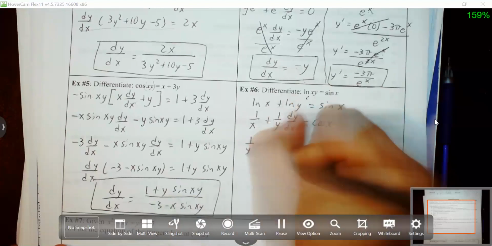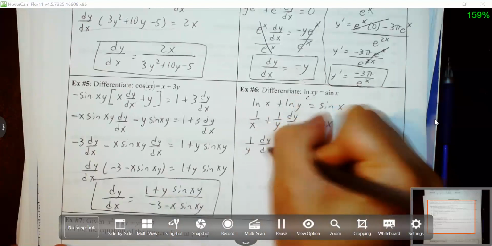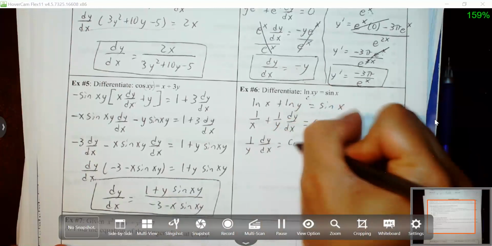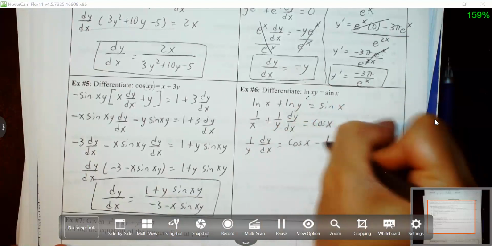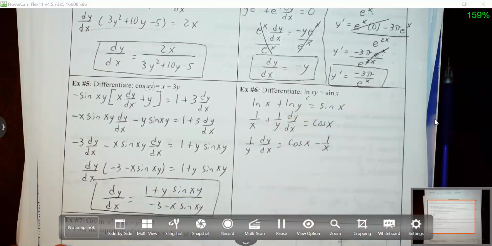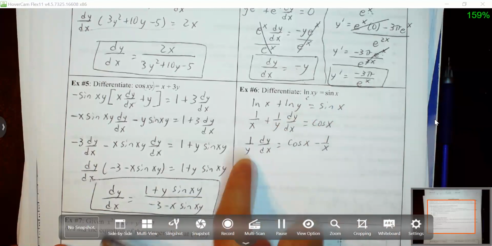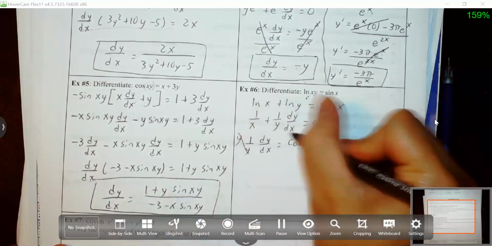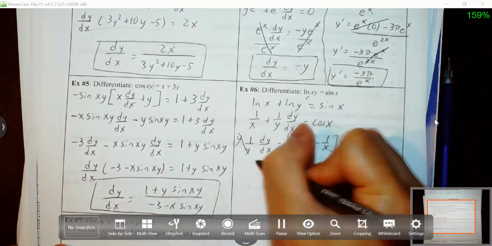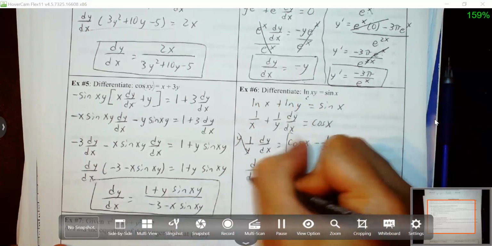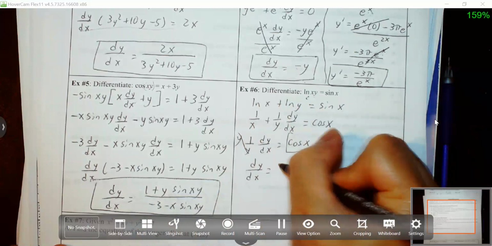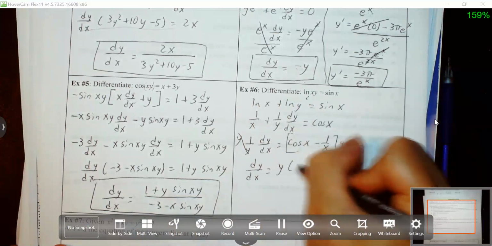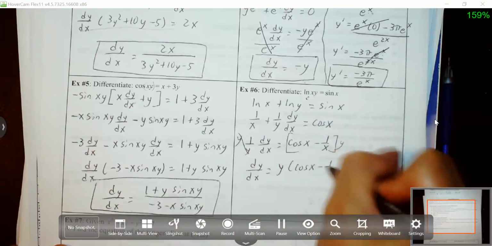So I have 1 over y dy over dx is equal to cosine x minus 1 over x. And then I'm just going to multiply both sides by y. And so dy over dx is equal to y times cosine x minus 1 over x.